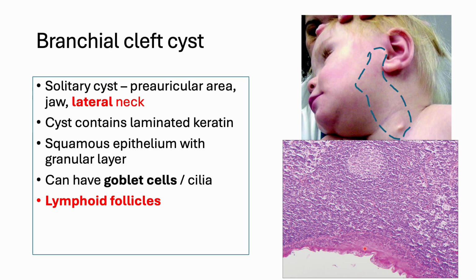But what is more characteristic of this branchial cleft cyst is abundant lymphoid follicles, even with germinal center formation. So whenever you see a lymphoid follicle associated with the cyst, think about this branchial cleft cyst, especially when it is at the lateral portion in a young person.